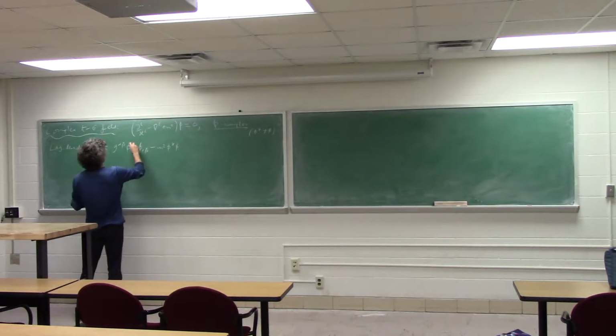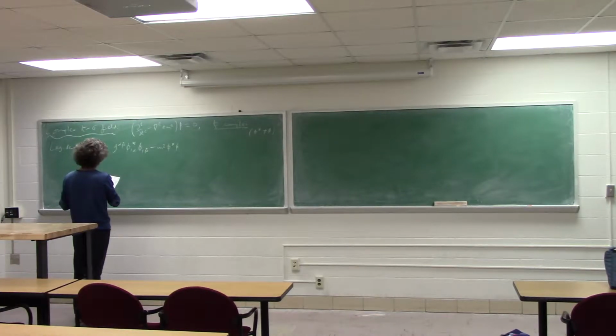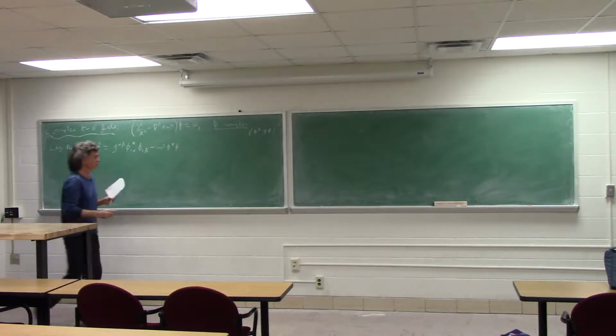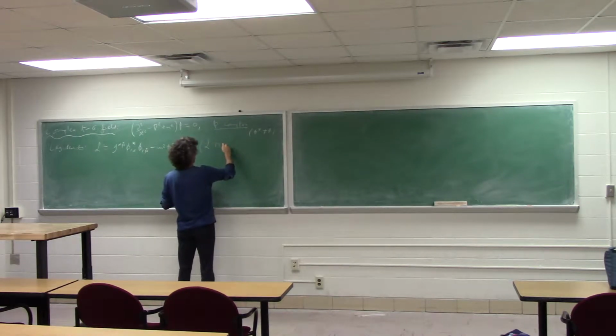Oops, sorry, there's a star missing. So phi star comma alpha, phi comma alpha, minus m squared phi star phi. Okay, so the Lagrangian density, by the way, is always real.